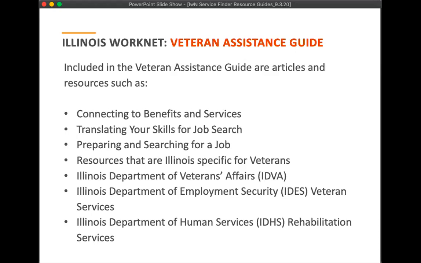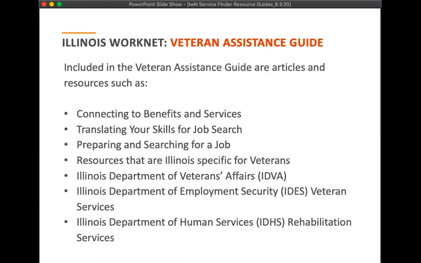We also have a link out to the Illinois Department of Veterans Affairs, as well as IDES, Illinois Department of Employment Security, their veteran services, as well as IDHS, Illinois Department of Human Services, rehabilitation services.